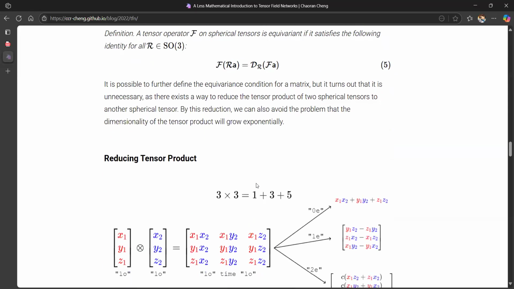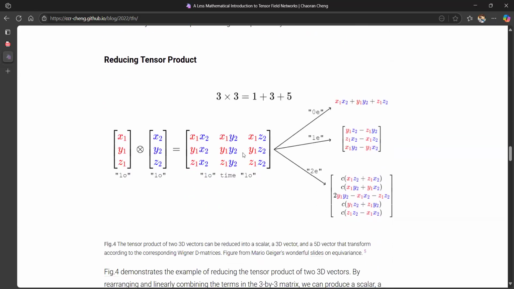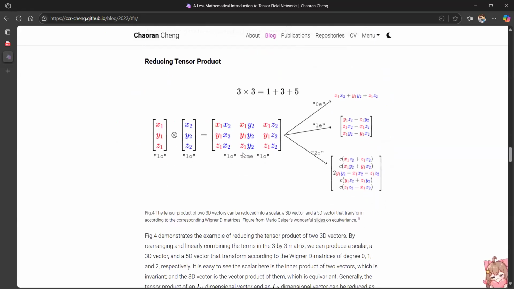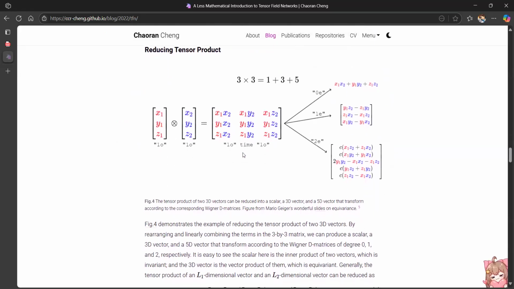The next step with that, with tensor product, we can use this representation, right?